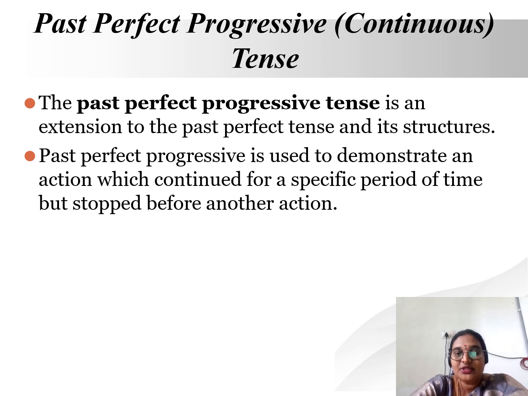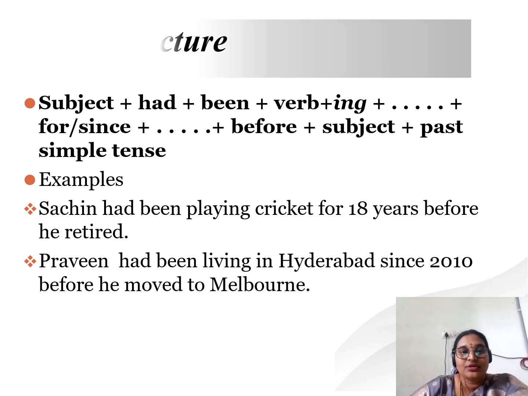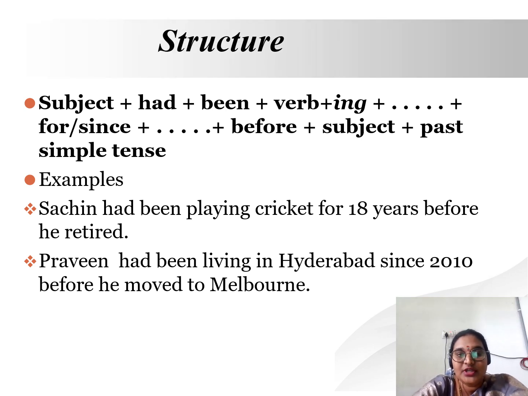So to express these sort of scenarios, we can take the help of past perfect progressive tense, or else you can call this past perfect continuous tense. If you can see the structure of this, as usual, we start the sentence with subject, and here we take the help of been along with the helping verb had.